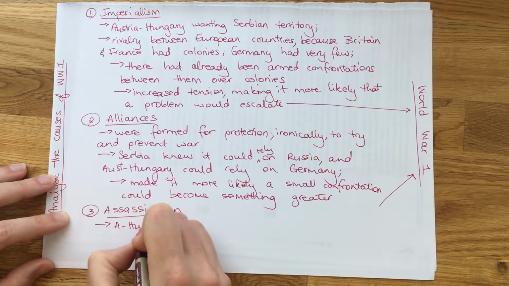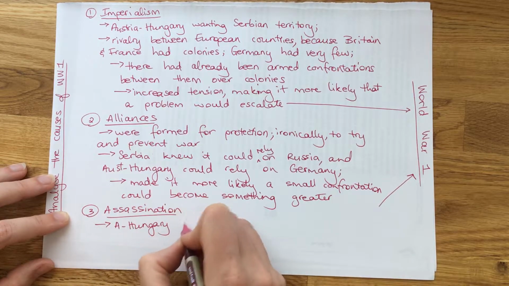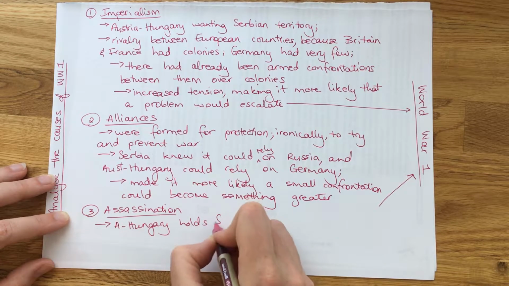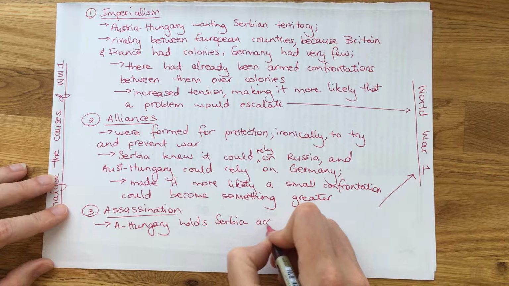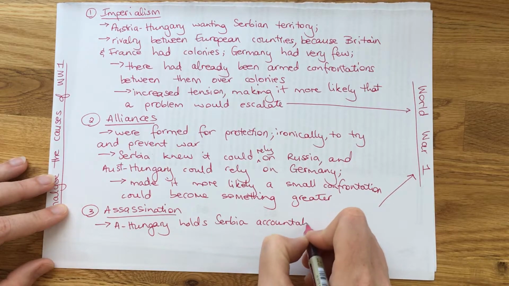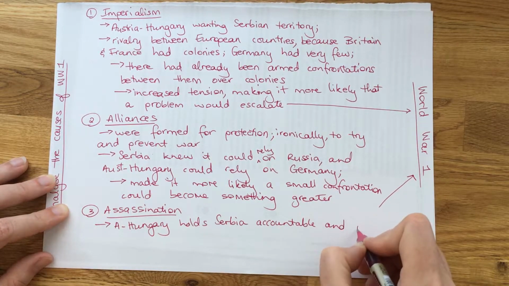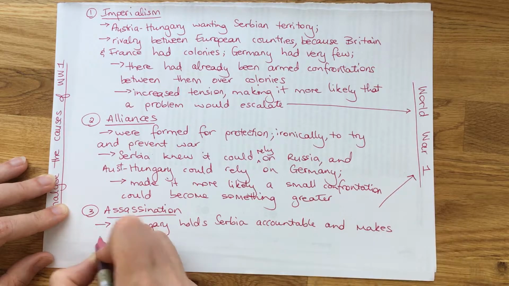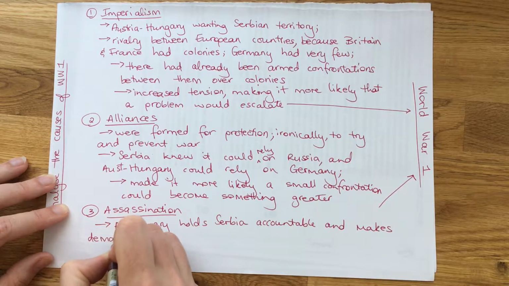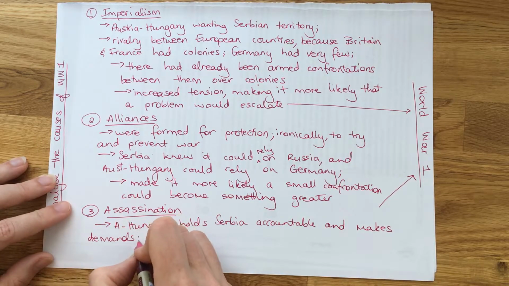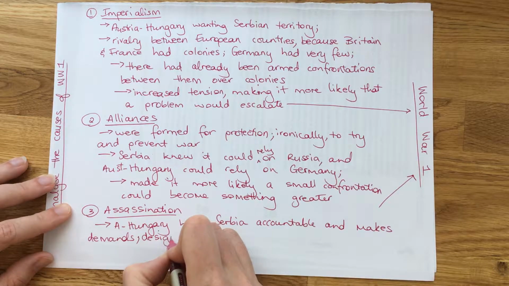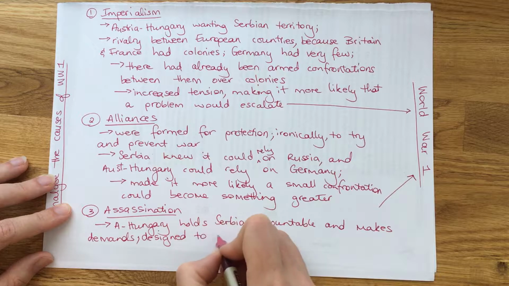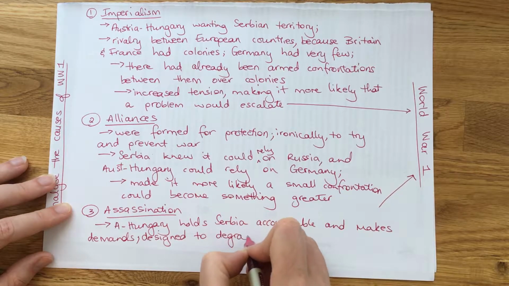Austria-Hungary holds Serbia accountable, and makes what Serbia thinks is unreasonable demands. And these demands are designed to degrade, even to remove, Serbia's independence.